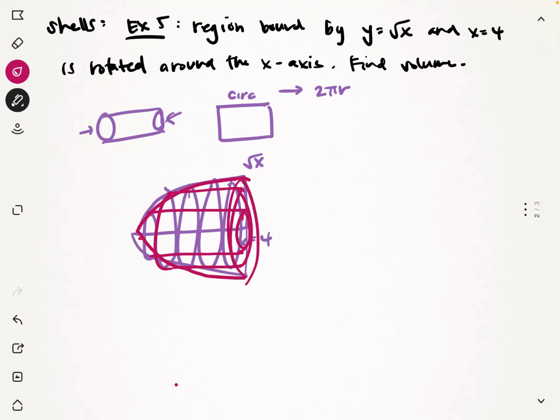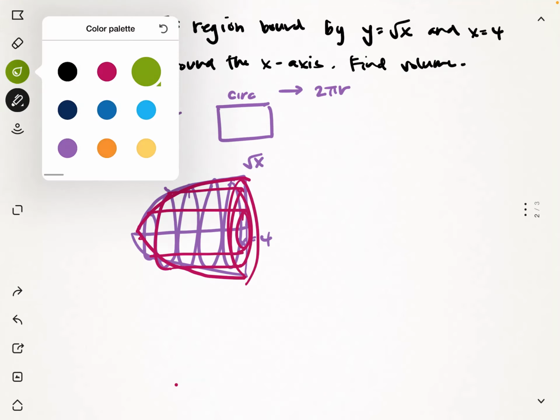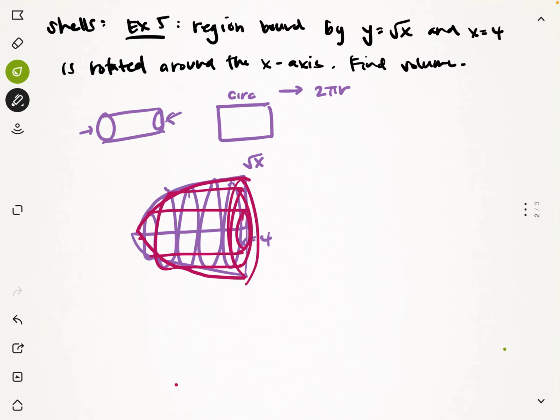Notice that we're looking for the circumference, right? But the circumference for each of these is going to be determined by the height. Let's change colors here so that's a little bit easier to see. In order for us to find our circumference, we need to find the radius.